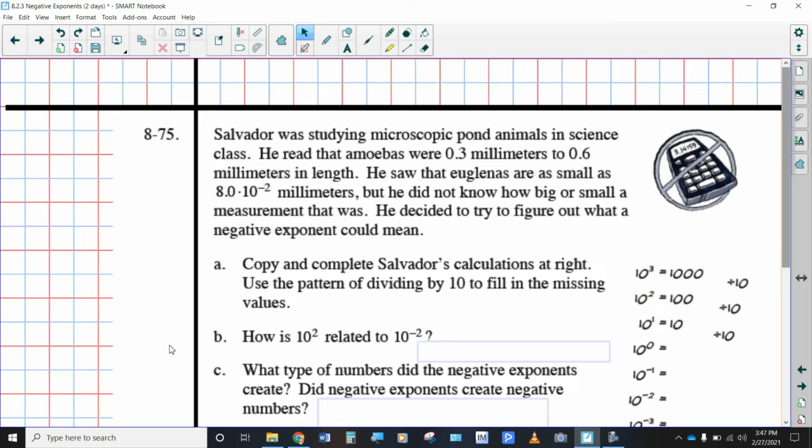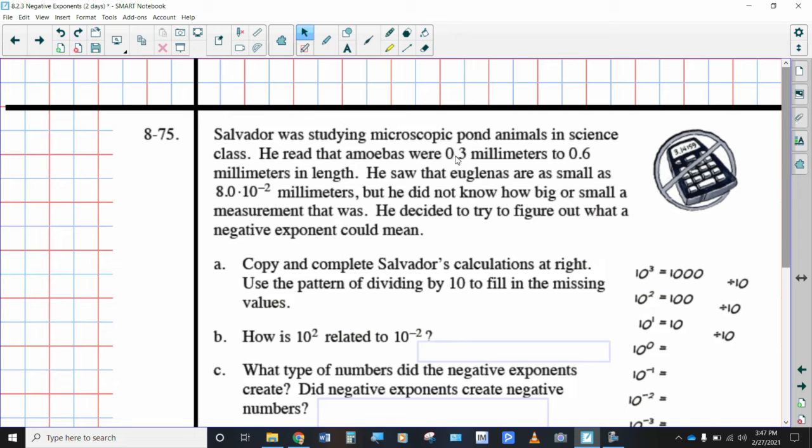Now, let's look at patterns for negative exponents. And we're going to start with powers of 10, then we're going to go to powers of 2, and then we're going to see if we can generalize a rule for how we deal with negative exponents. Okay. So, Salvador was studying microscopic pond animals in science class.